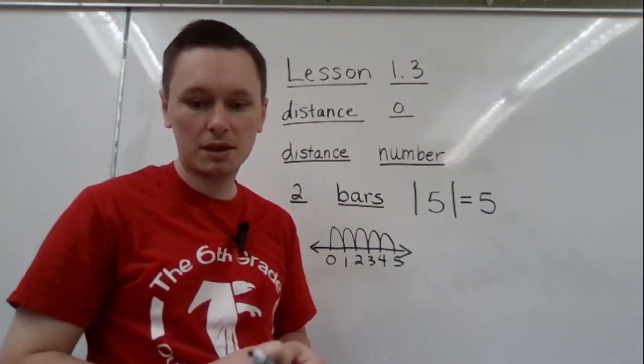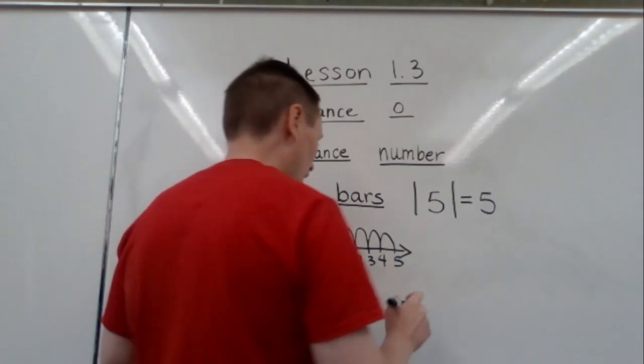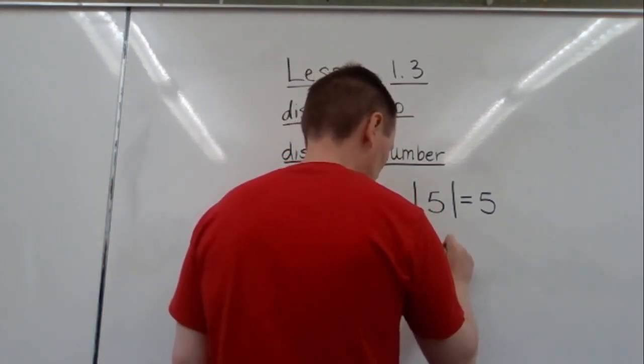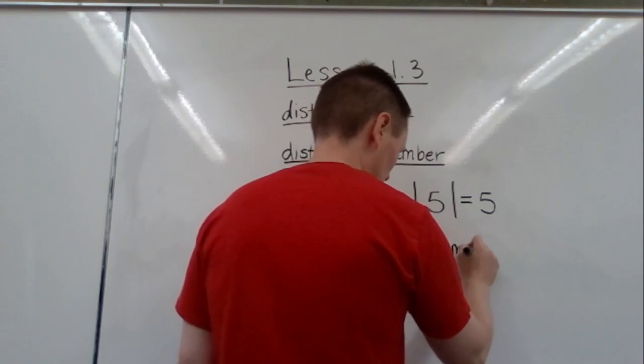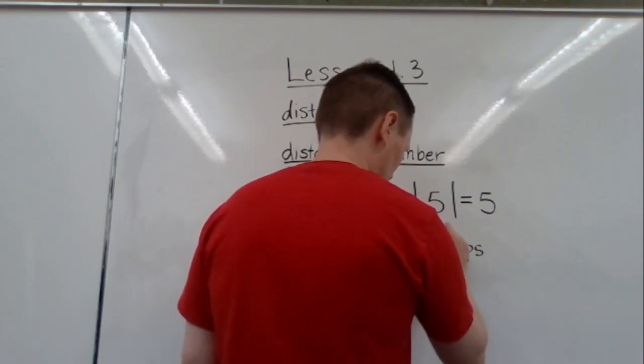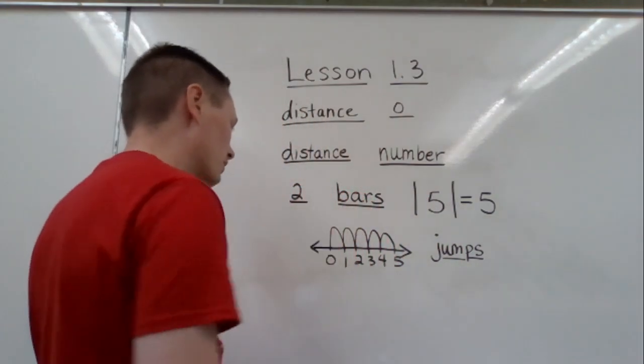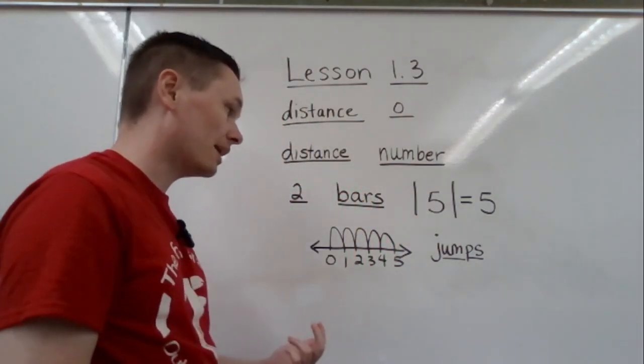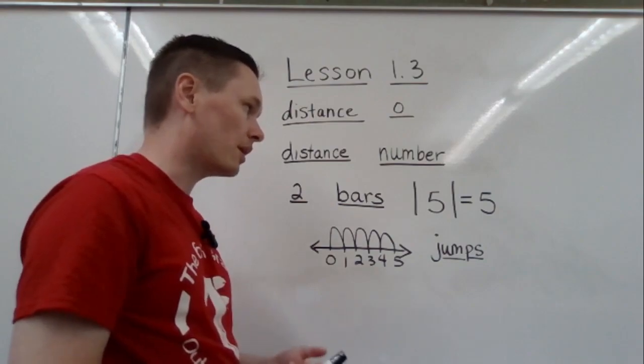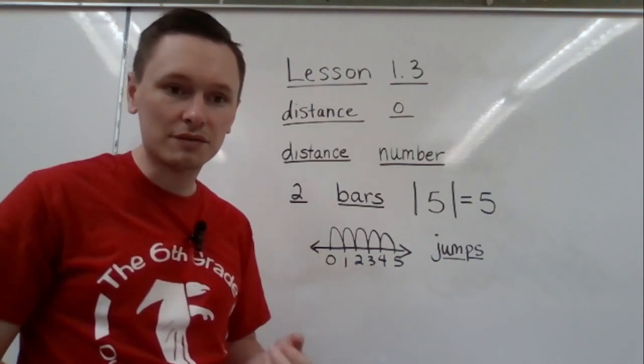You could say hops, you could say jumps, but the term that I put in your notes is jumps. So it took 5 jumps to get to 0. That means that the absolute value of 5 is 5.